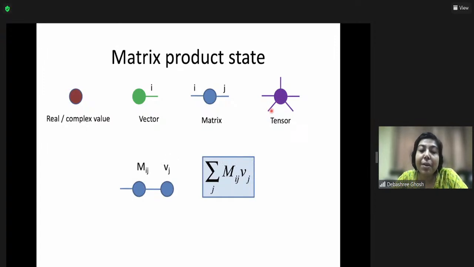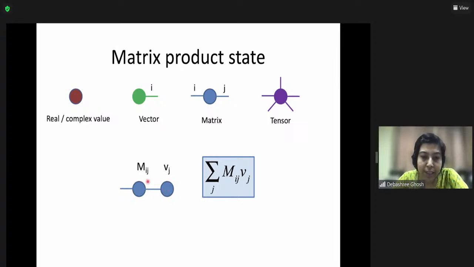So if I am going to do a contraction or matrix vector multiplication, this is what it would look like. This is the matrix with 2 legs, and this is the vector with a single leg, and I am summing over the jth index, which is the one common between these two.